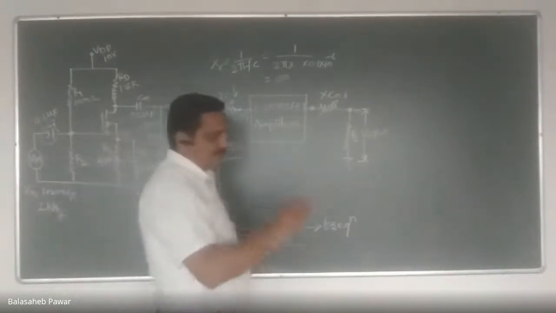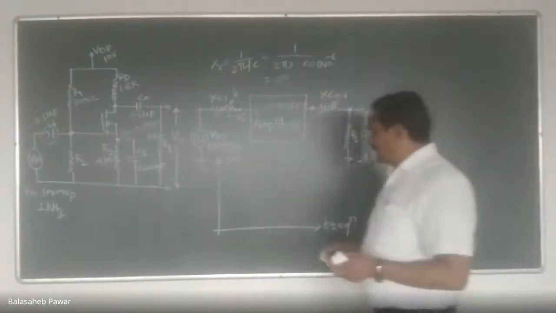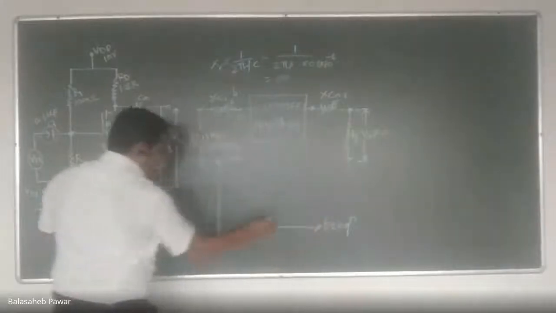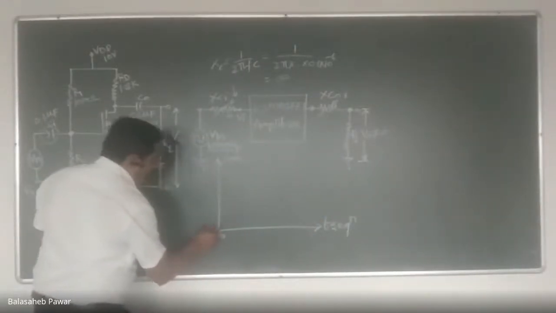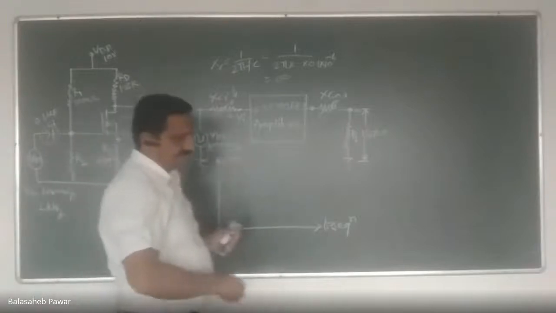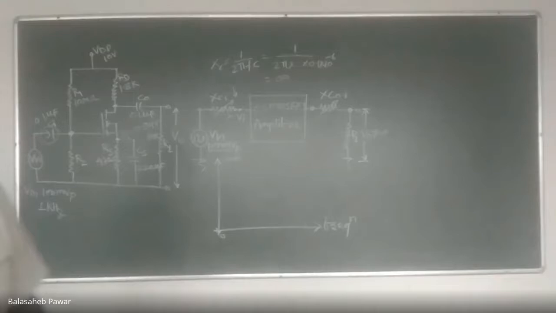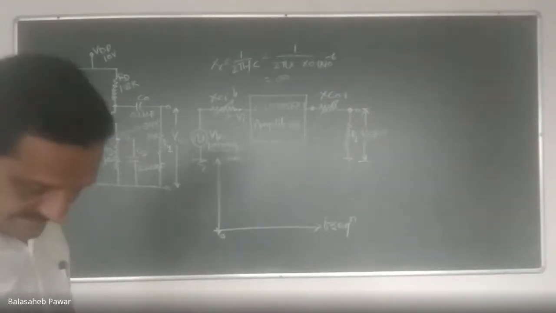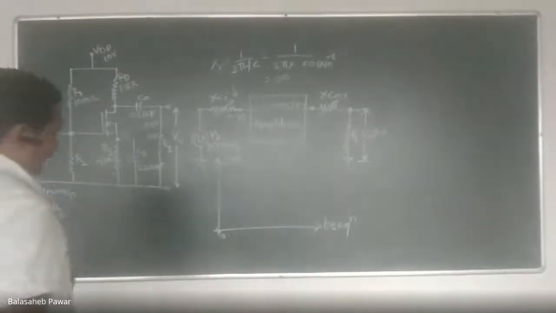Gain is directly proportional to VO, right? At frequency 0 hertz, that means at the origin, how much will be the gain? Whenever frequency is 0 hertz, gain will be how much? Be fast. 0. Yes, gain will be 0.